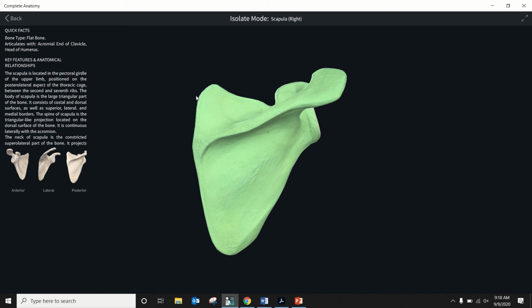But in terms of the significance, it is the insertion of a muscle called levator scapulae. So levator scapulae is LEVATOR, levator, like elevator, but without the initial E. Levator scapulae.